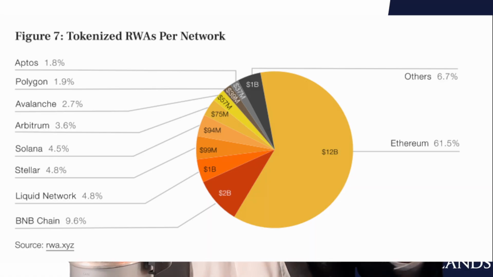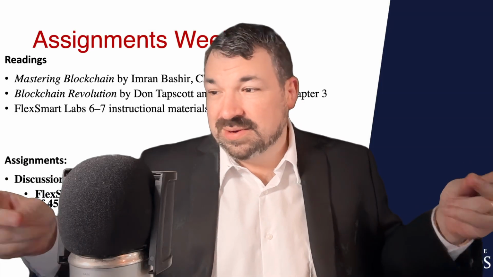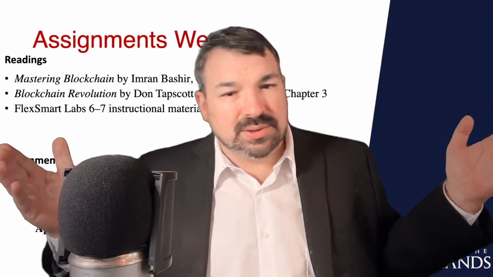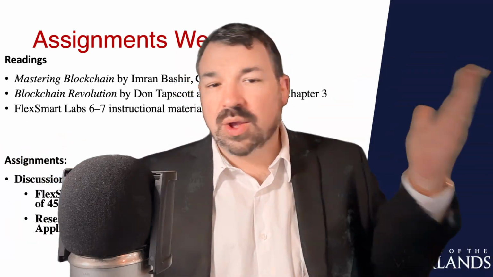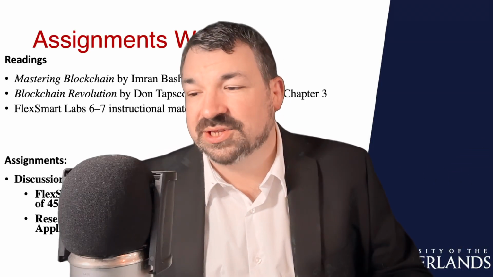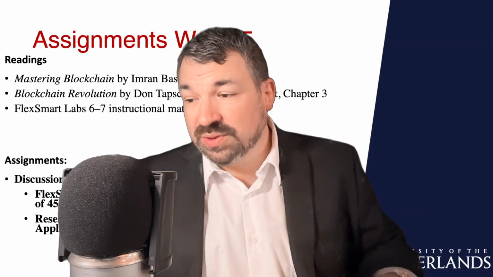They weren't tokenized on Solana. They weren't tokenized on Avalanche or Aptos. They were tokenized on Ethereum. So Ethereum is still number 2. Okay, it's slower, fees are high, all that stuff, but it's still the king when it comes to these kinds of smart contract platforms.